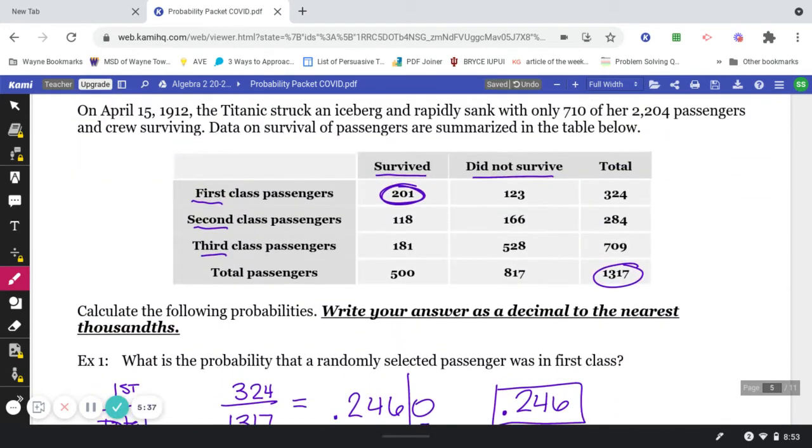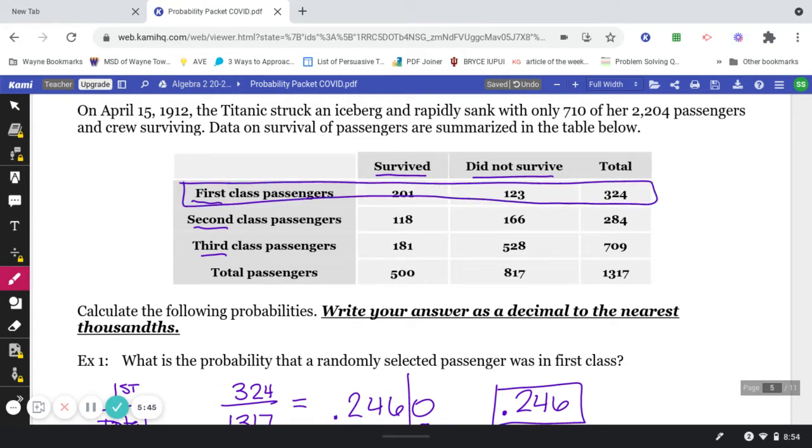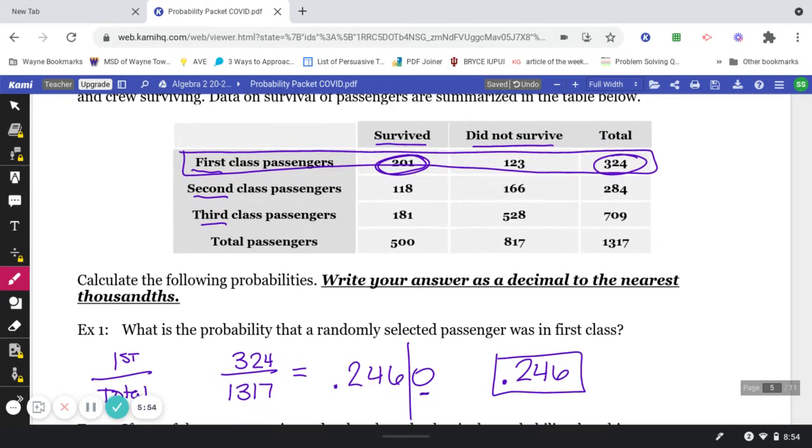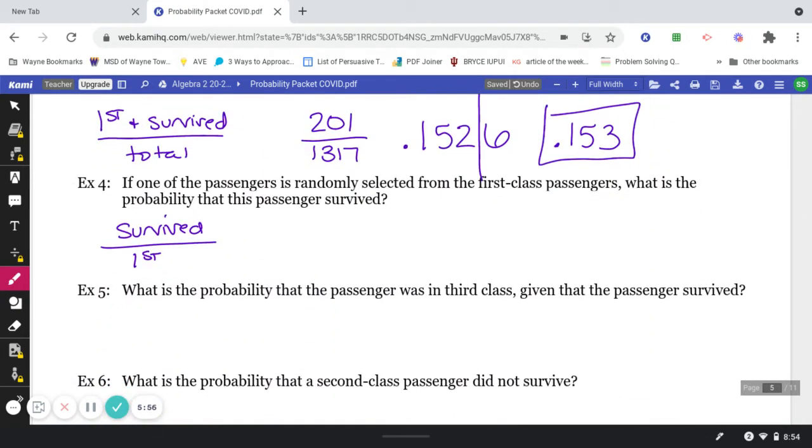So only looking at first class, just looking at this information. How many survived? I've got 201 survived out of 324. So you're narrowing down the total. 201 out of 324. I'll type that into my calculator and round to get 0.620.